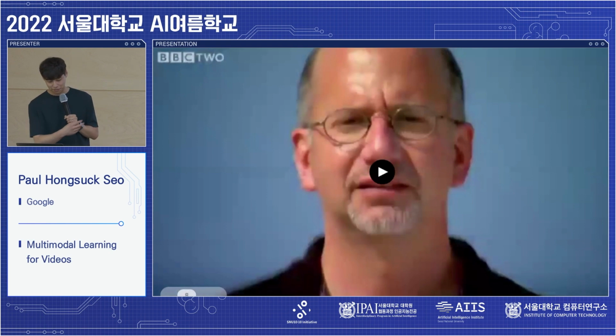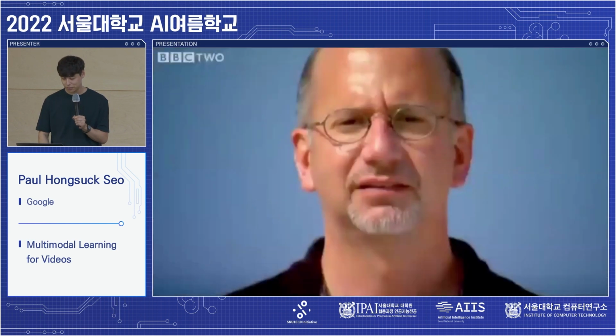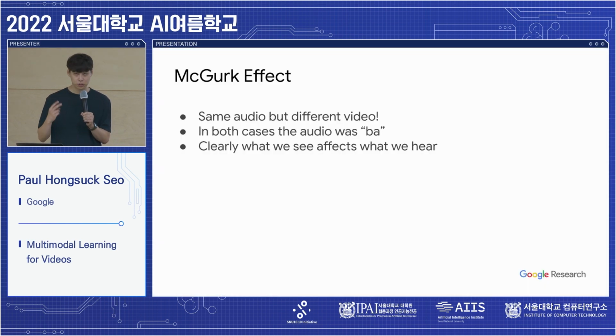There was a mis-synchronization, but if you heard fa, then again you belong to the majority. But as you can probably already guess, the sound in those two video clips was actually the same, and only the video signals were different, but we still perceive the same sound differently.